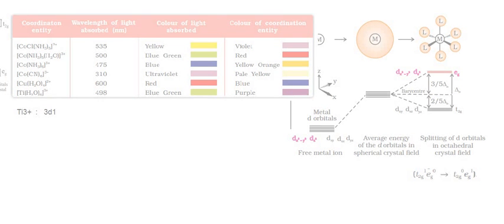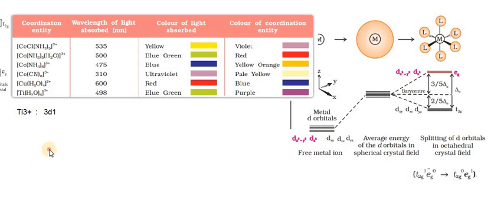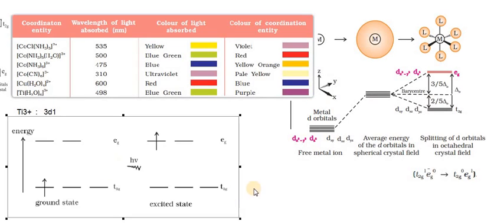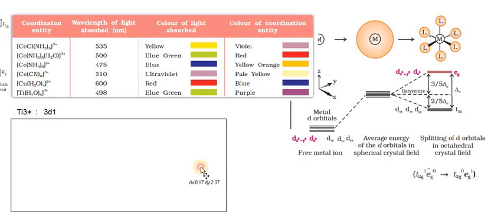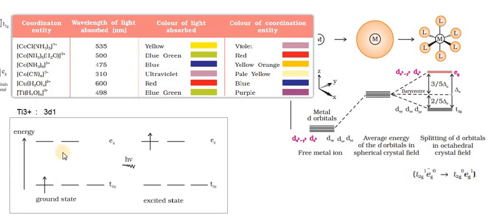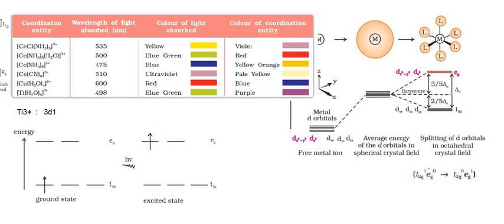Let's say you have a ground state electronic configuration, one electron in the t2g level, and when light is incident on this particular solution or complex, this electron absorbs a certain amount of energy, and the allowed amount of energy is the difference between these two levels.